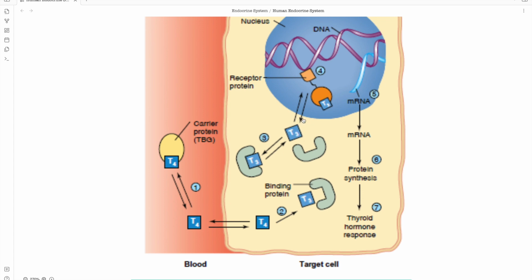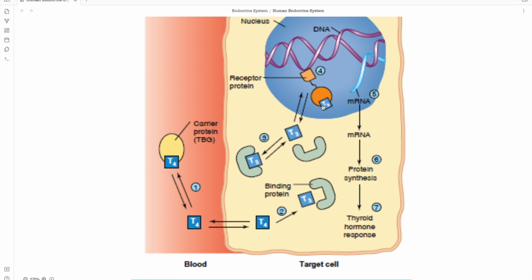Now this T3 alone will enter into the nucleus and will get attached to the thyroid hormone receptor which is already bound with the DNA. For simplicity, I have not shown the retinoic acid receptor in this case, but remember there is always a heterodimerization.